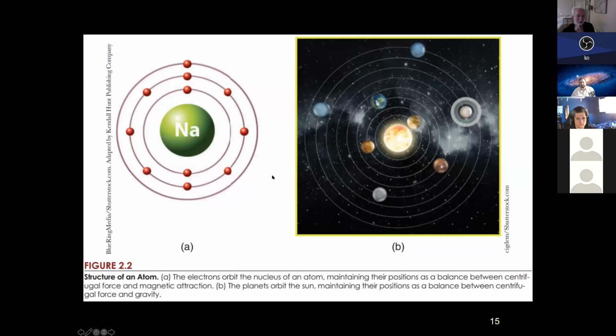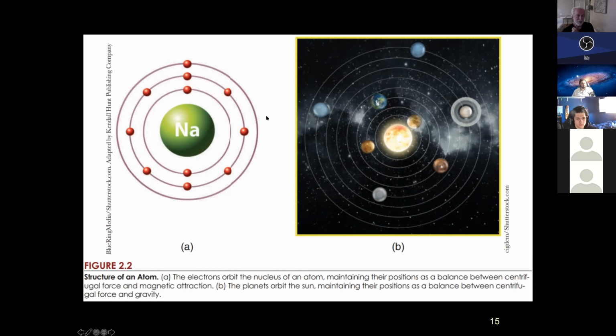You can make an analogy between an atom, the smallest component of matter, and a solar system. In both cases, you have a center, either a nucleus or a star, around which items are rotating.